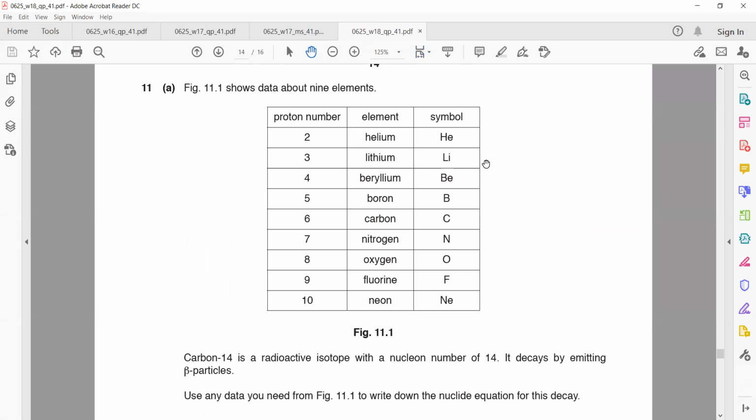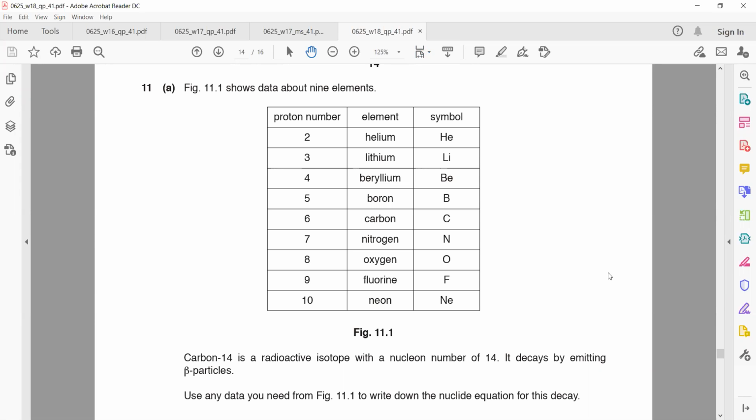Okay, in this question, and for atomic physics, you don't have to memorize the symbol for the element, even their proton number or neutron number. If any question is there, writing a correct symbol, they will provide you a table or the symbol directly.